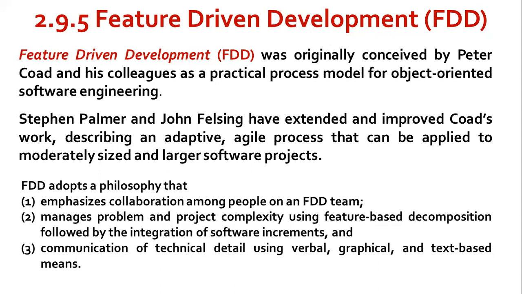FDD emphasizes software quality assurance activities by encouraging an incremental development strategy, the use of design and code inspections, the application of software quality assurance audits, the collection of metrics, and the use of patterns for analysis, design, and construction.